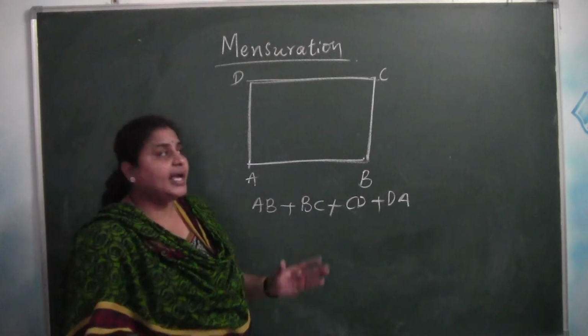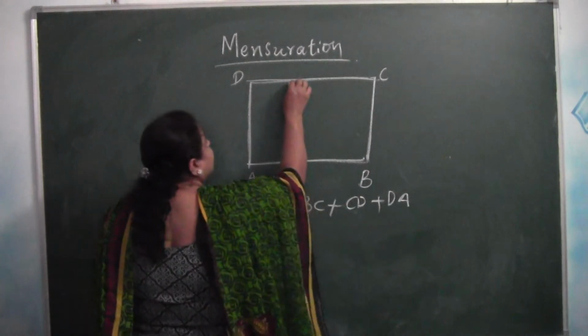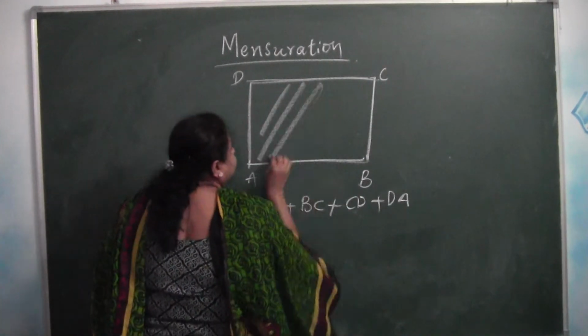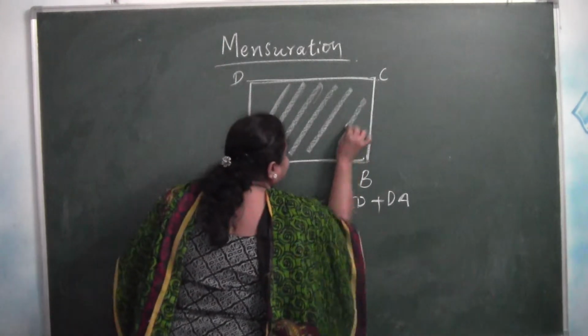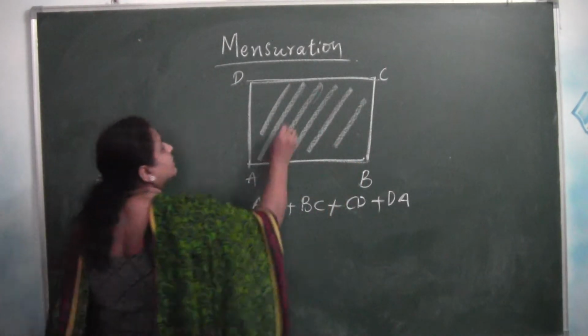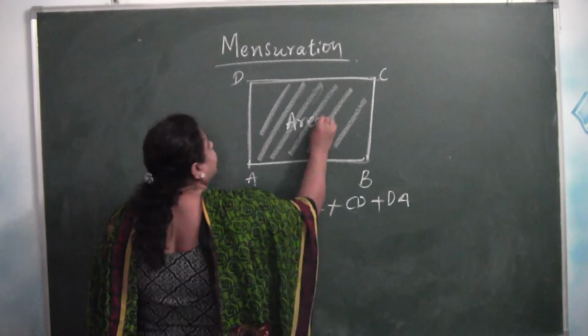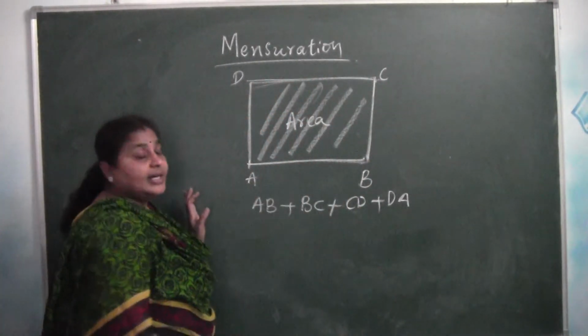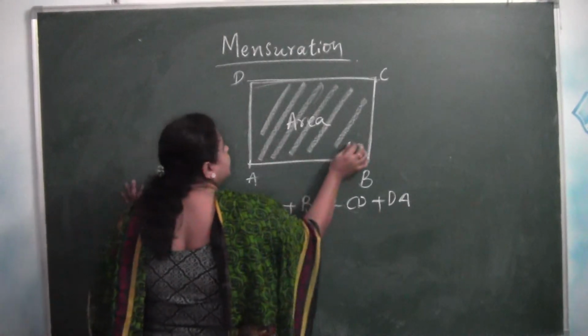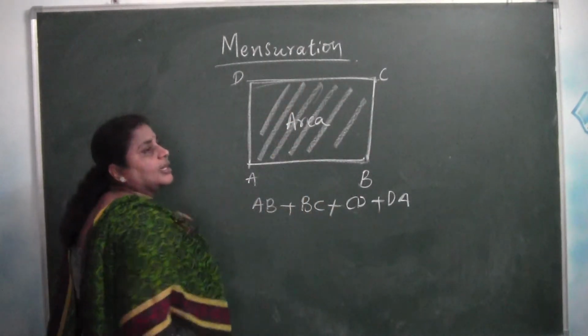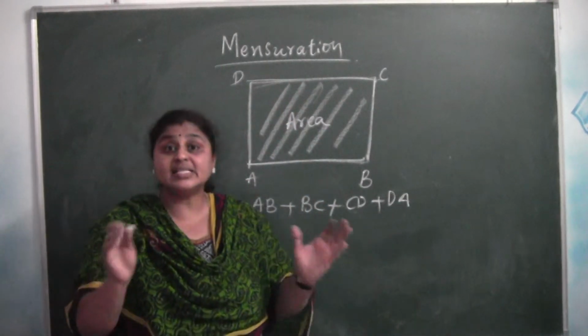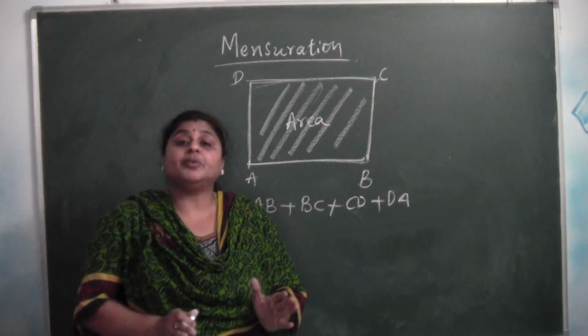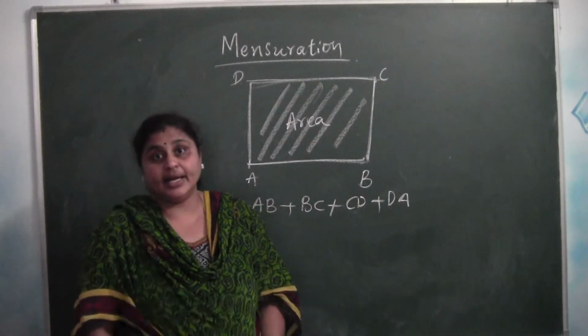Then area. Area is nothing but the interior part that is bound by the 4 sides. This is area. The boundary line is called the perimeter, and the inside part, that is the closed part, is nothing but the area. That is the difference between perimeter and area.